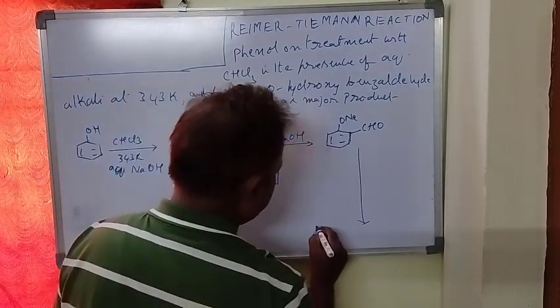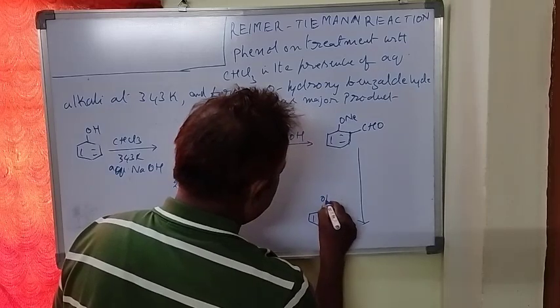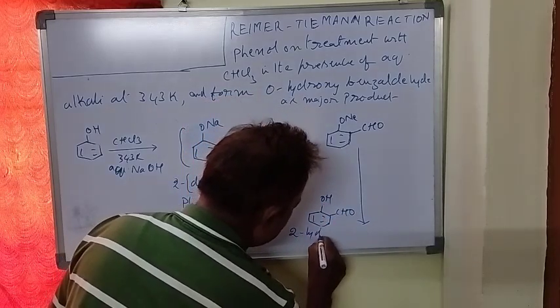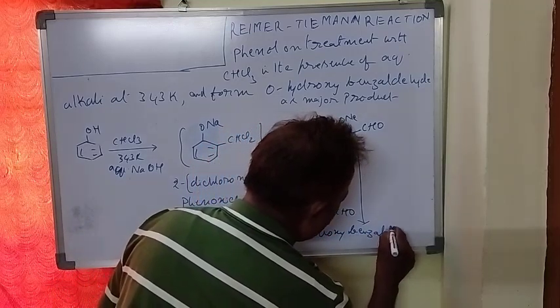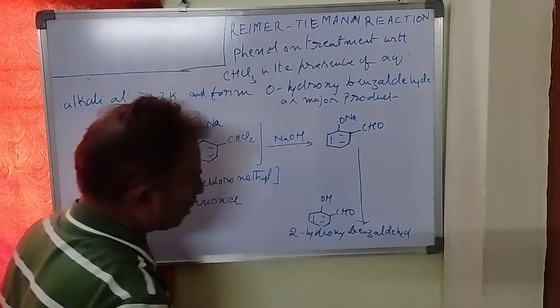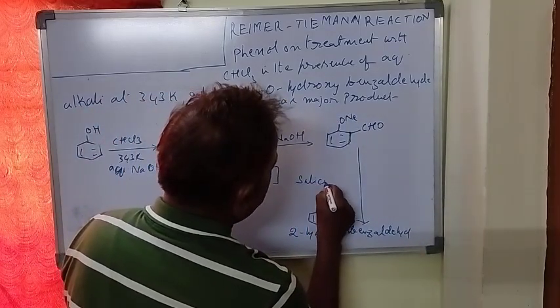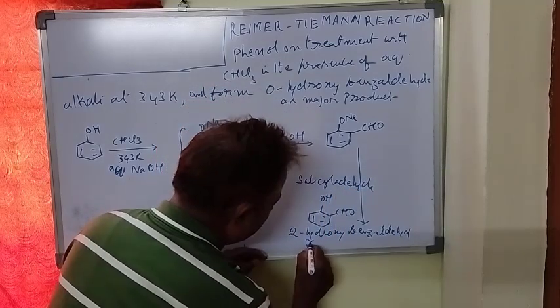This results in OH, CHO. This is 2-hydroxybenzaldehyde. This is also referred to as salicylaldehyde. This is the major product.